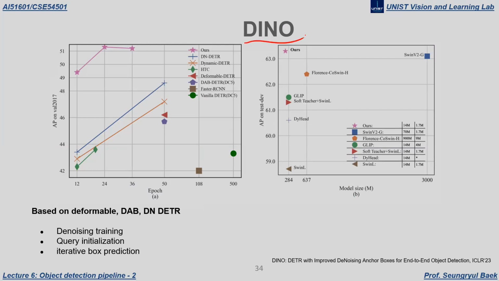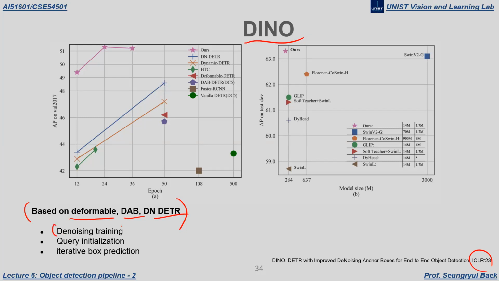And the next thing is DINO, which is published in ICLR 23. It is the state-of-the-art DETR architecture till now. And it's kind of a combination of three algorithms we saw so far: deformable DETR, DAB-DETR, and DN-DETR.